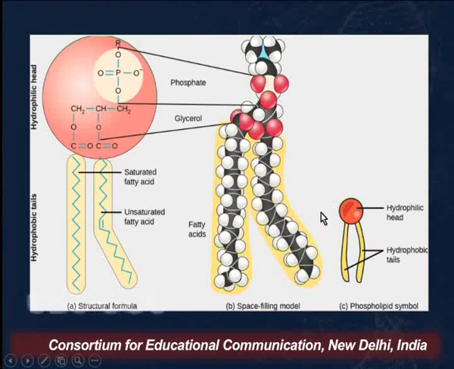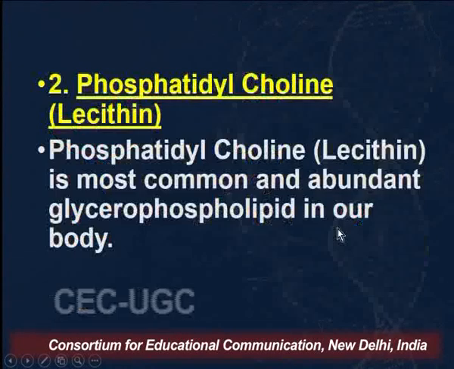In the cell membrane, which is a bilayer, this is the basic unit: this is the head and this is the tail. The head comes outside, which makes it polar, soluble in water, amphipathic and hydrophilic, and the non-polar tail is hydrophobic in nature.